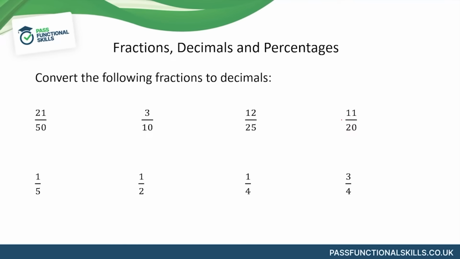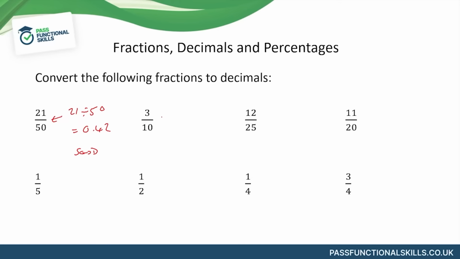Okay, with these ones here, I'm just going to show you how to do this using a calculator. Remember, the line of a fraction means divide, so on your calculator just type in 21 divided by 50, and your calculator might say straight away 0.42, or it might say that it's 21/50ths, in which case press a button, maybe the SD button, or maybe there's another way on your calculator to turn a fraction into a decimal.